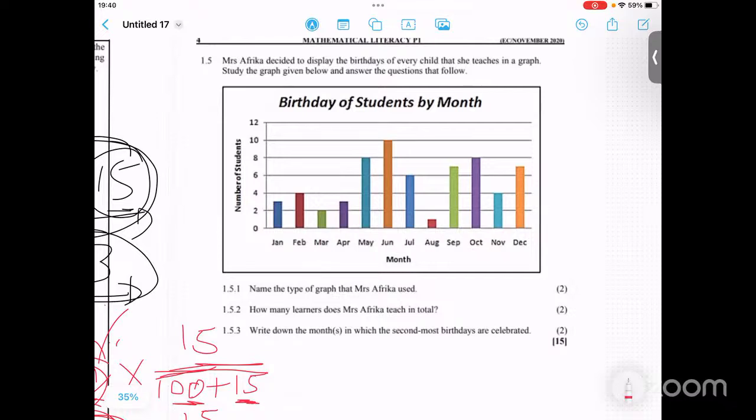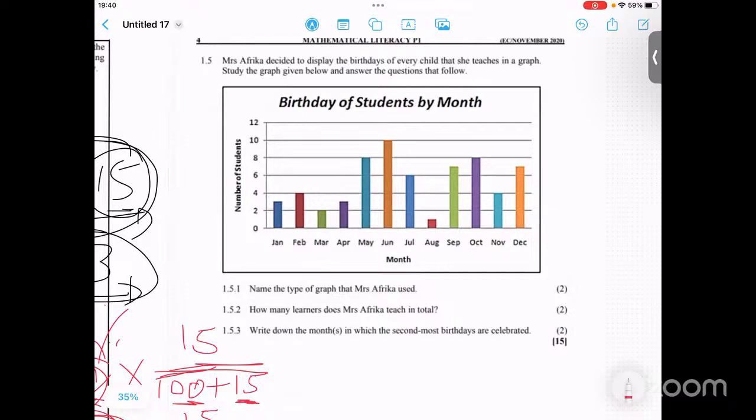Now the number of students that have birthdays in January is 3, and then February is 4, March is 2, April is 3, and then May is 8, June is 10, July is 6, August is 1, September is 7, October is 8, November is 4, and lastly December is 7.